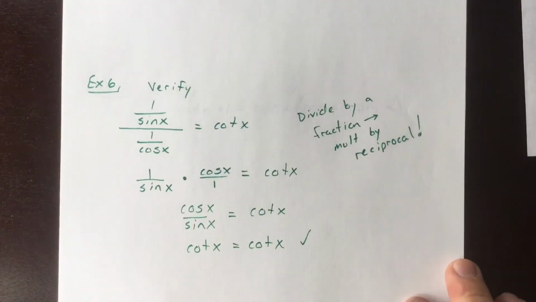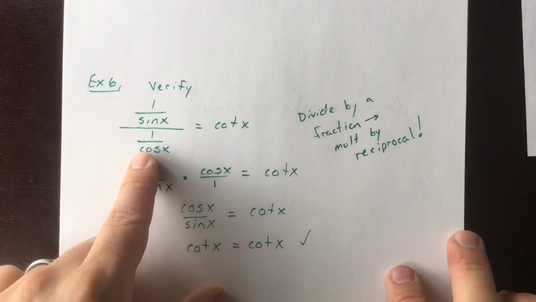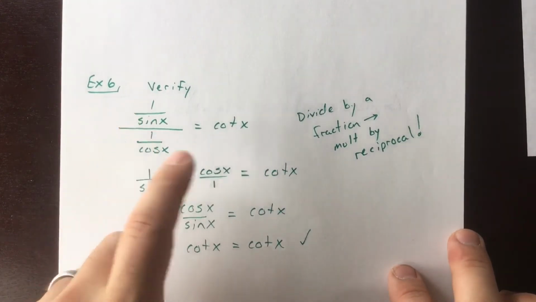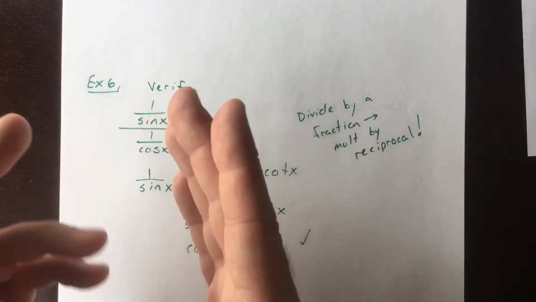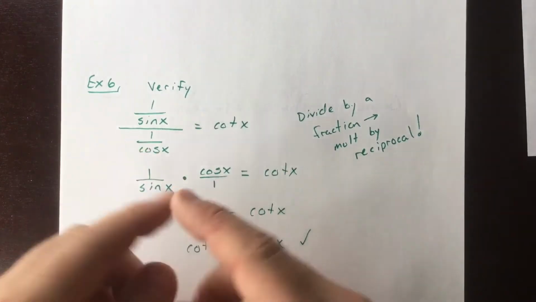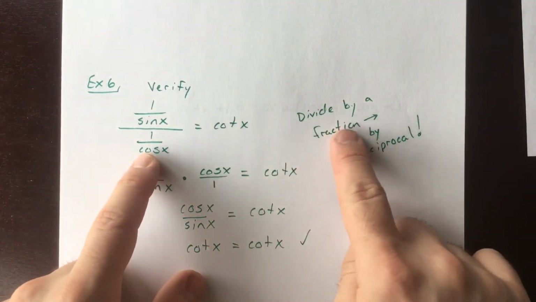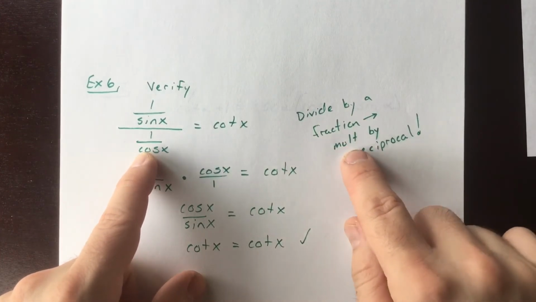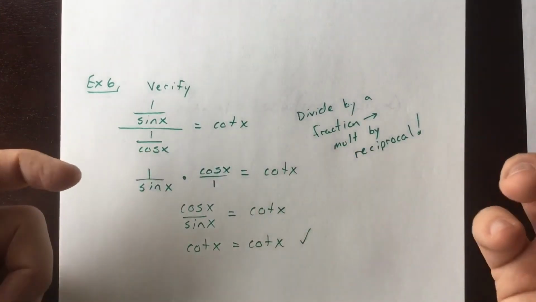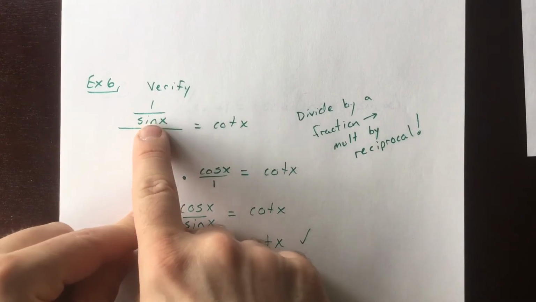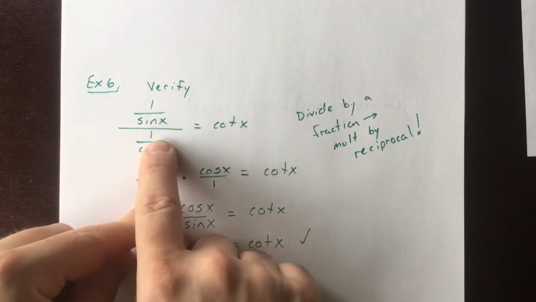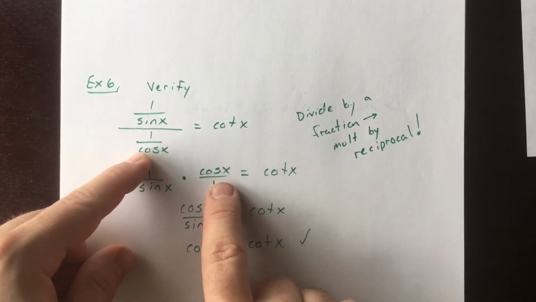Okay, so in beginning this, the approach that we should have taken here is knowing that 1 over cosine is, yes, secant, 1 over sine is cosecant, but when we divide by a fraction, we want to multiply by its reciprocal. So I was dividing by this fraction, so I multiplied by the reciprocal of that fraction.